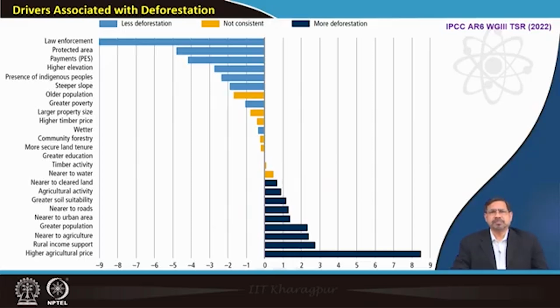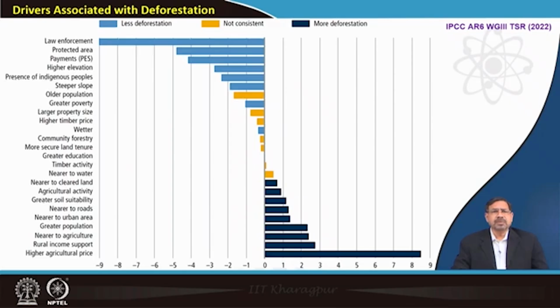Protected areas mean less deforestation, payments mean less deforestation, higher elevation and presence of indigenous people mean less deforestation, steeper slope means less deforestation. So, if we continue to practice this, then there will be less deforestation.